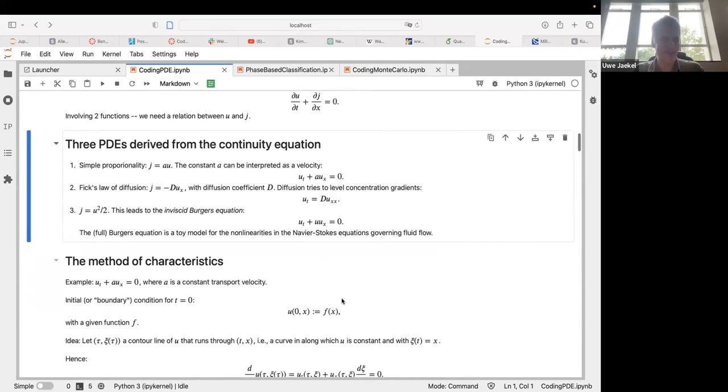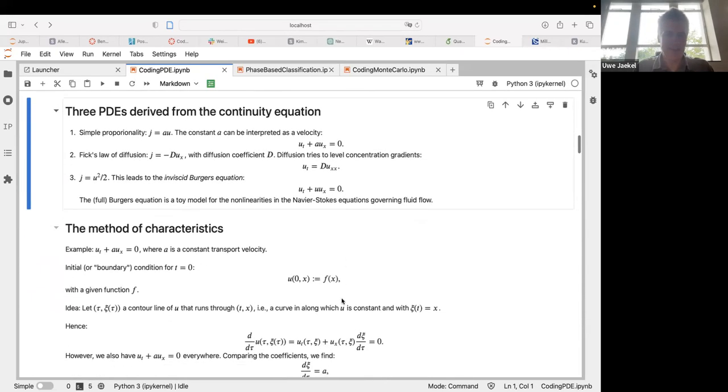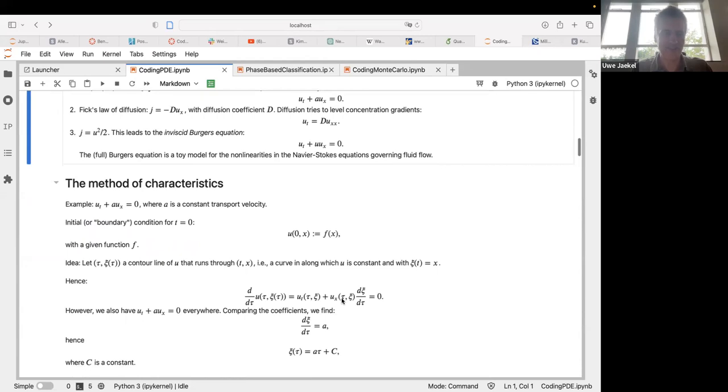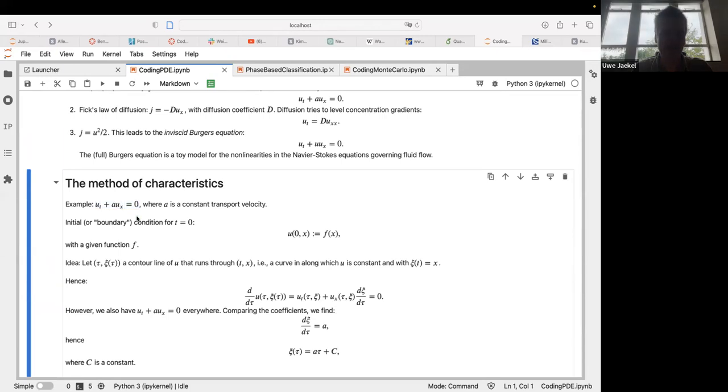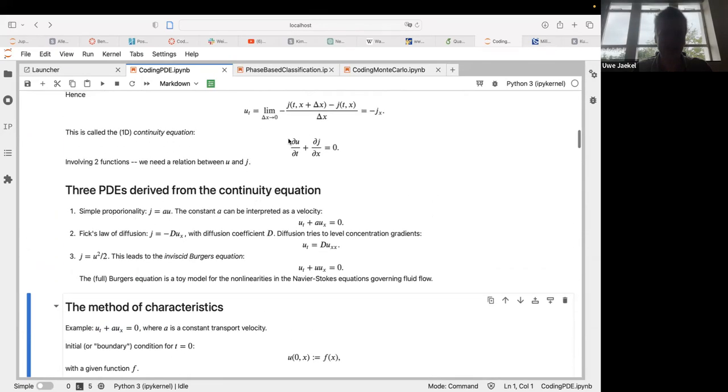The analytical method I want to show you is called the method of characteristics. What we will solve is this transport equation, the continuity equation, where we assume a simple proportionality of the flow with the concentration.